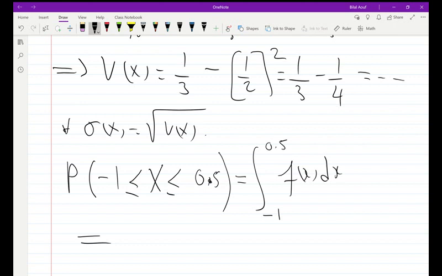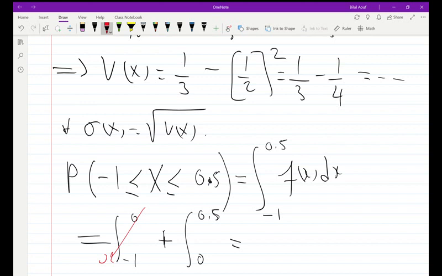In this case, you also have to divide the integral into two parts: minus 1 to 0, plus 0 to 0.5. The first part is equal to 0.